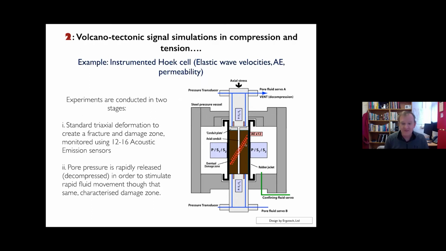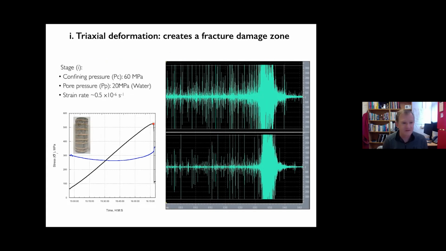The damage zone can be accessed by a conduit drilled through the center of the sample, which is a cylindrical sample. And in the second stage, the pore fluid saturated sample, water we use, is then rapidly released to try and stimulate rapid fluid movement and to generate, hopefully, some of these low frequency events.